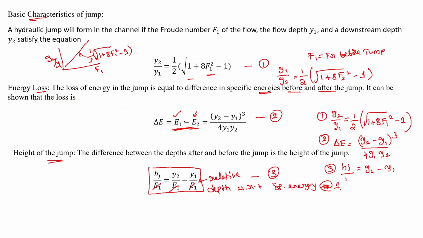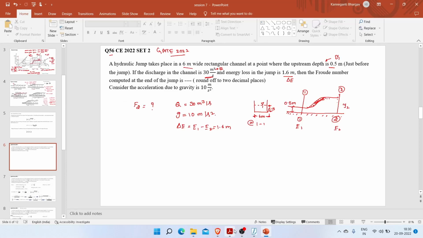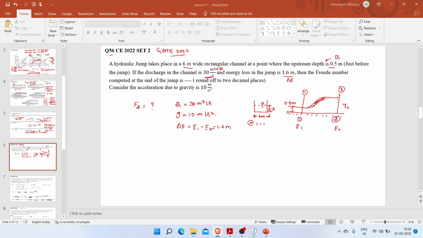I have shown you these three equations, so they will be useful to solve the question. Either you can take the first equation or the second equation. Both equations will give the answer. Let me interact with you now. Can anybody guess the answer? How much is the answer?